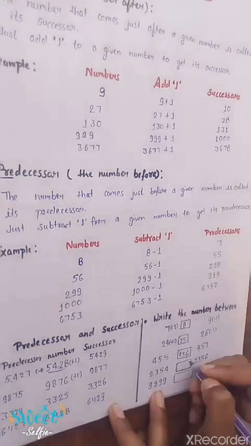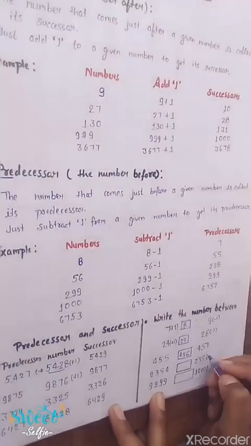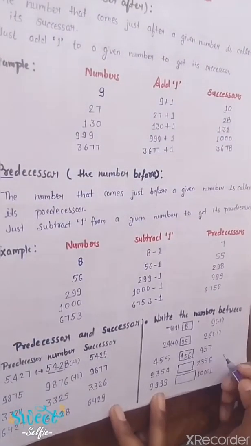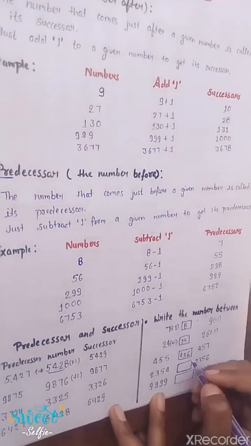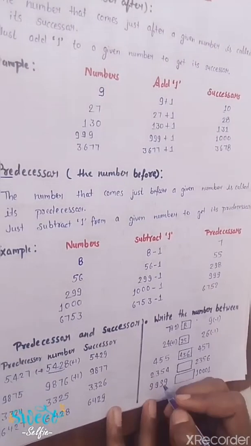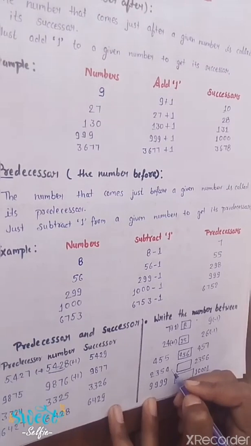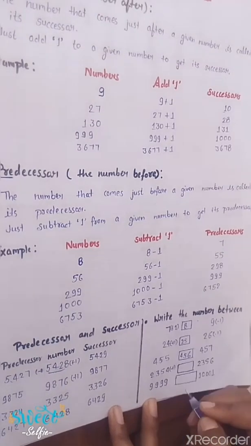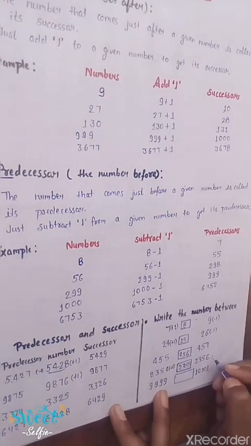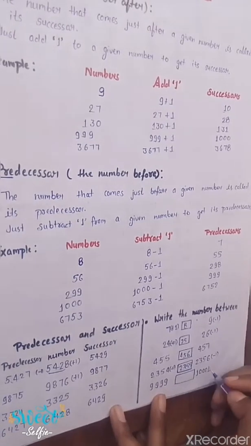Or if we subtract 1 from 4457, then we also get 4456. Next one is 2354. So when we add 1 to it, we will get 2355. If we subtract 1 from here, then we also get the same.